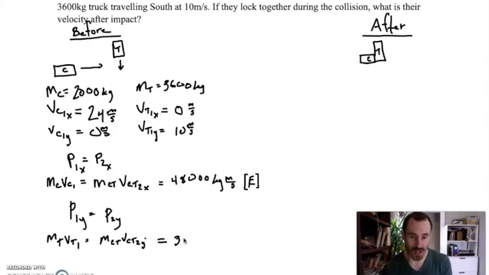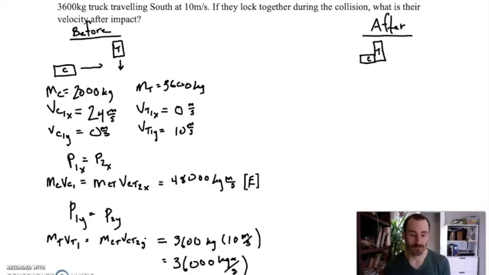So that's 3,600 kilograms times 10 meters per second, which is 36,000 kilogram meters per second to the south.